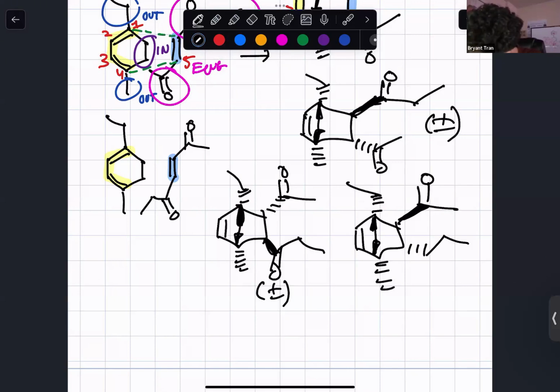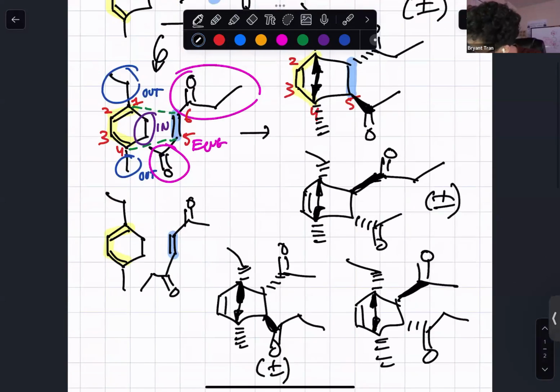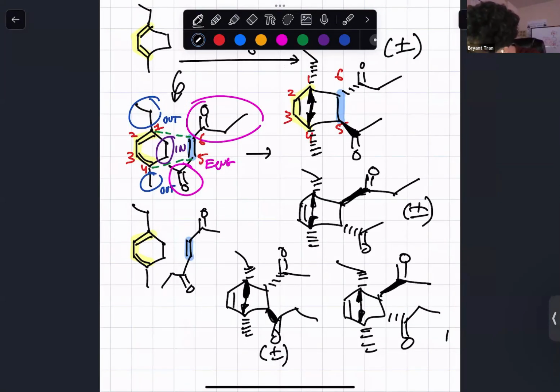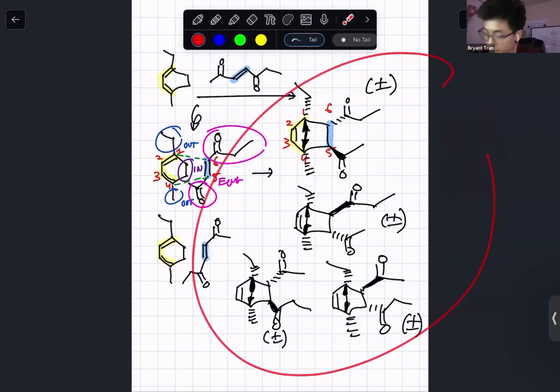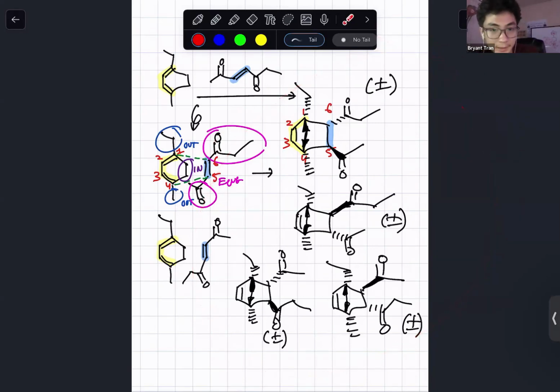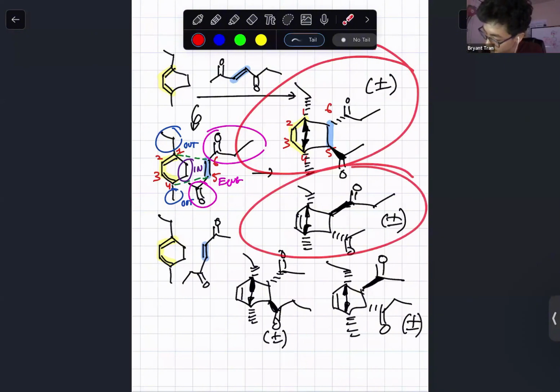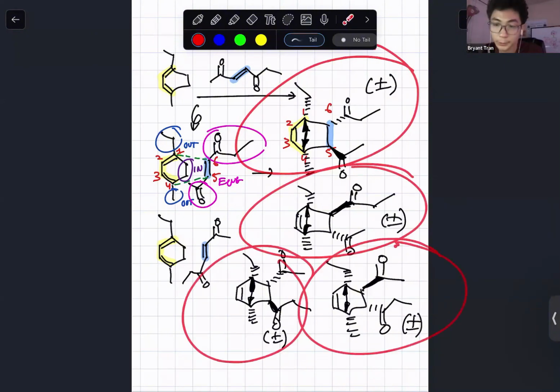But any questions on how I got these 4 sets of enantiomers here? Right, this one is a difficult one. This one here gives us 8 answers. And I know Mira Jones' worksheets has some problems that give you 8 different products like this too. Right, so this is one set of products, another set of products, another set of products, and another set of products. So 4 sets of enantiomers, 8 products total.